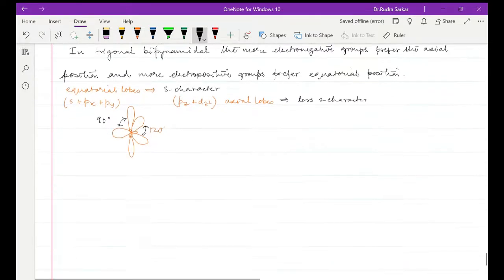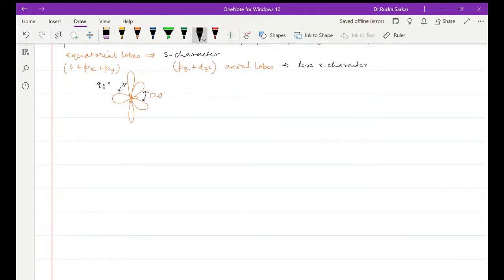So let's solve one molecule. Say if you are given simply PCl5 in the gaseous state, then for phosphorus pentachloride, if we do the total valence electron count, it will be 5 plus 7 into 5, that is a total of 40, which if divided by 8, we get 5 electron pairs.